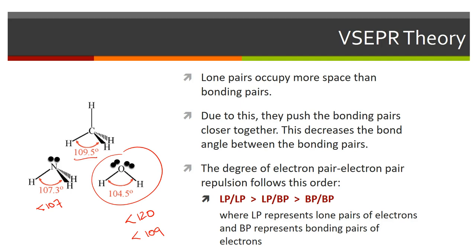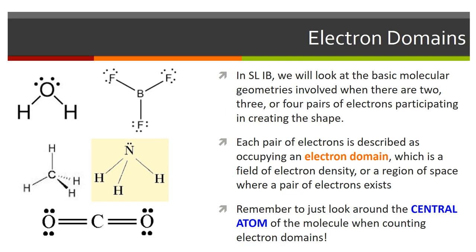And remembering that not all trigonal planars will be 120, okay? Remembering that the nature of the atoms and the type of the bond changes those angles a little bit. So we don't want to be reporting the exact values. We want to use this less than notation.